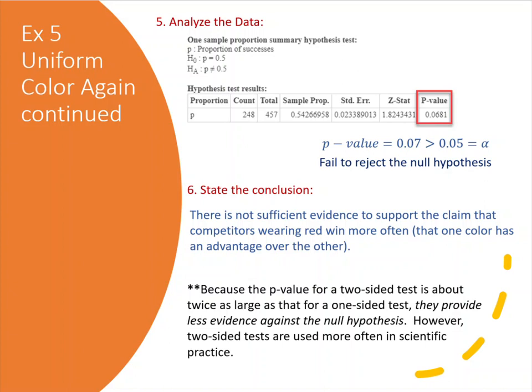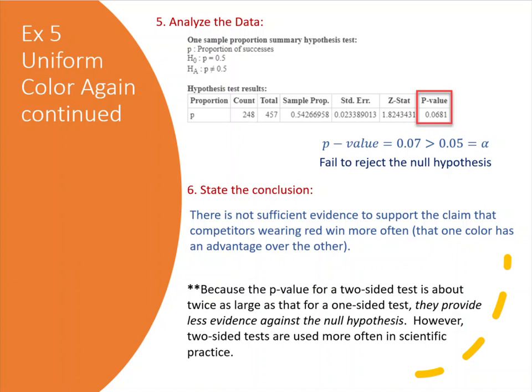And when we see that, we'll start to notice that if you're running a two-tailed test, you are actually going to be asked to provide more evidence to throw out the null. It makes it harder for us to just throw that null hypothesis out when we run a two-tailed test.